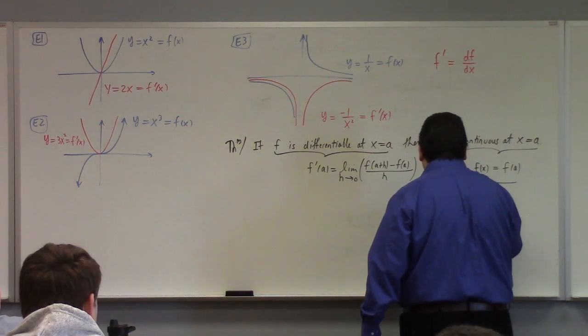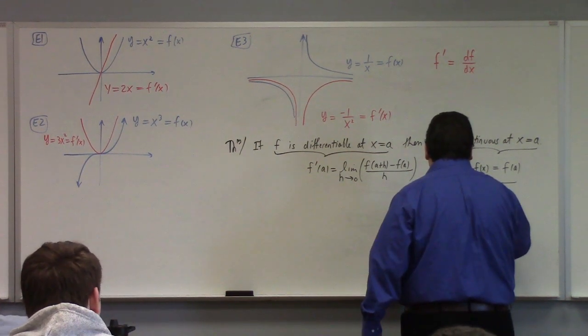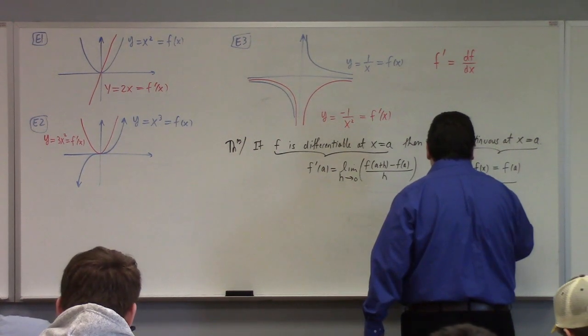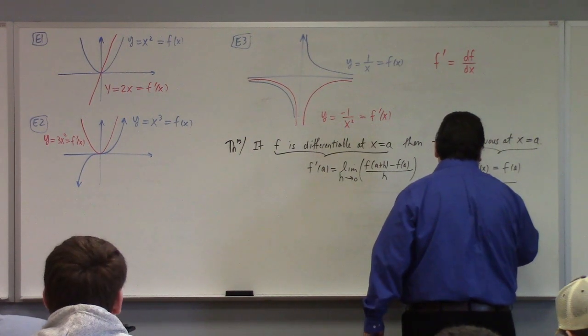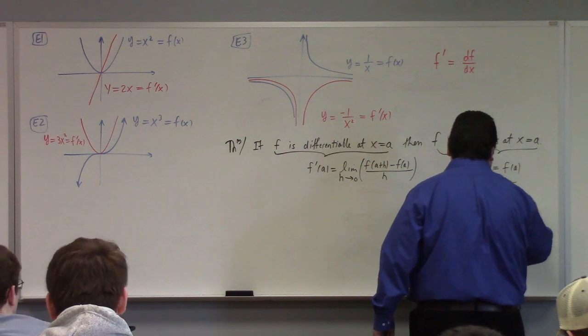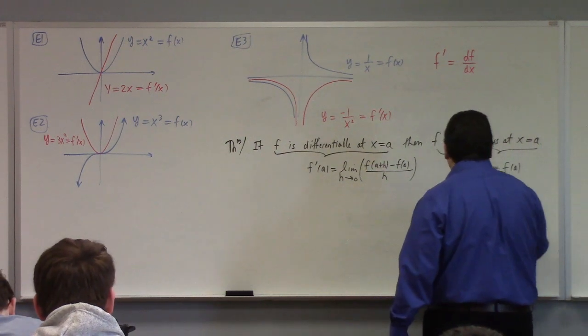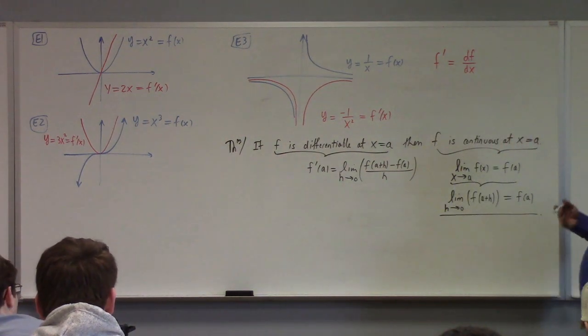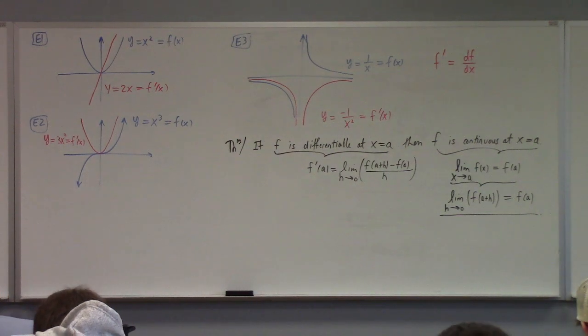Equivalently, we can say the limit as h goes to 0 of f of a plus h is equal to f of a. That's an entirely equivalent characterization of continuity of the function at the point, right?